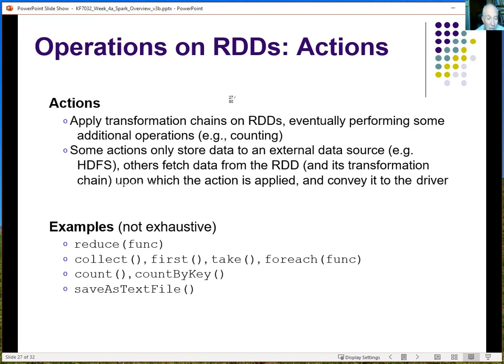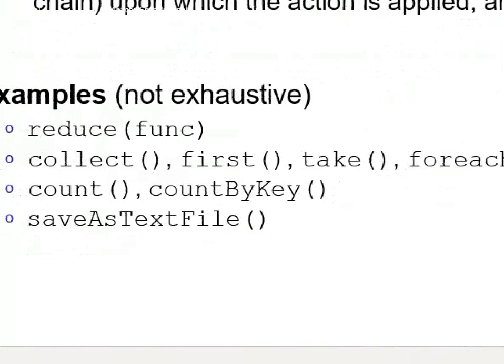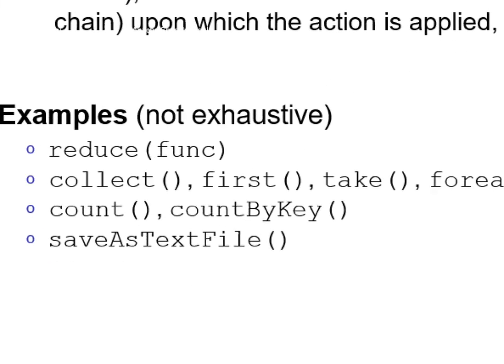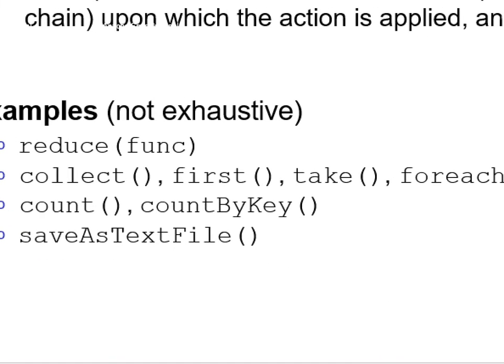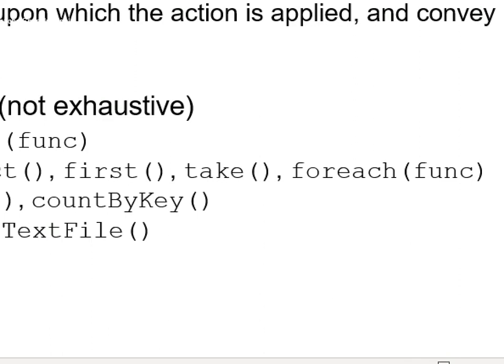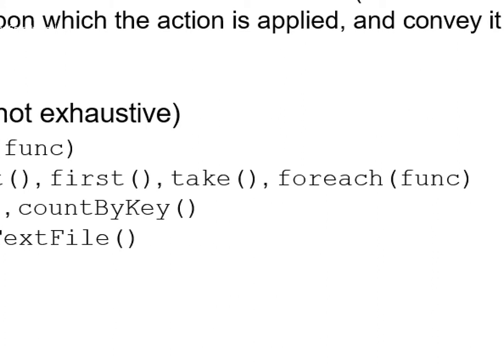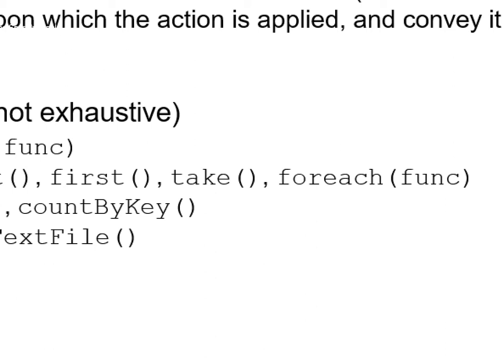So rather than doing count or collect, quite often an operation which can save time, though it's not doing the same thing, is first, or take. So rather than returning the whole data set, just do take 5, which takes the first 5 elements. Going to be a lot quicker than collecting the whole thing together.